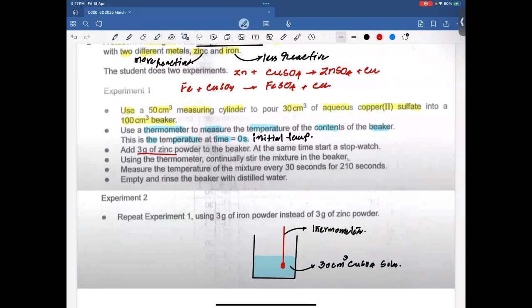Add 3 grams of zinc powder to the beaker. So I'm adding 3 grams of zinc. And at the same time, you need to start the stopwatch. So the stopwatch is used to measure the time or to note down the time.